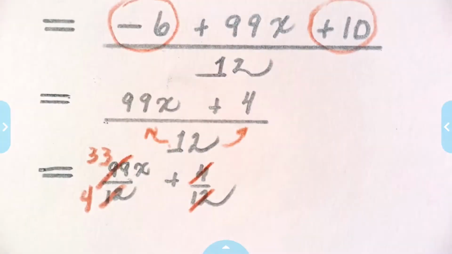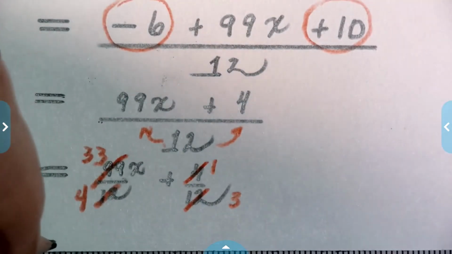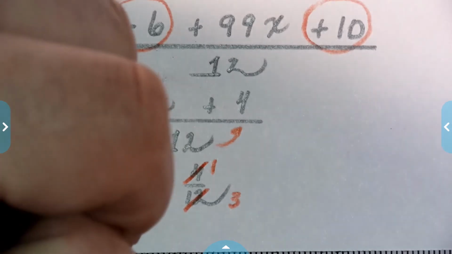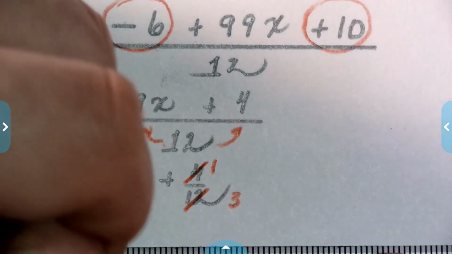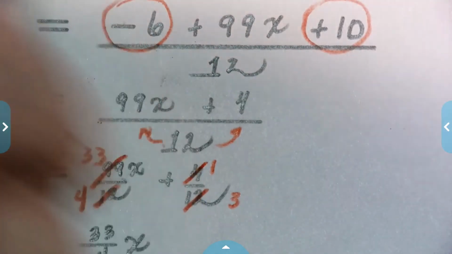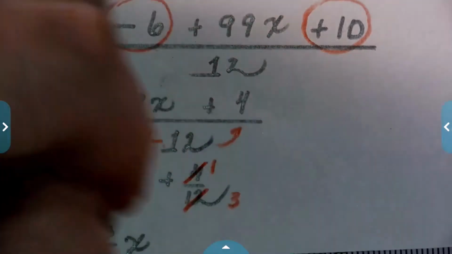And then I can cancel the 4 and the 12 and leave behind a 1 and a 3. So my final reduced fractions, plural, would be 33 over 4 x plus 1/3.